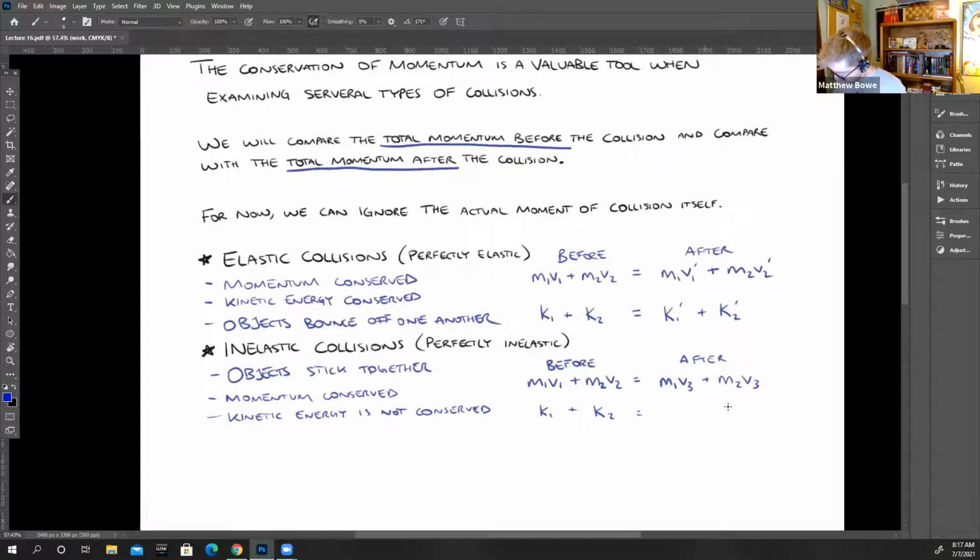So typically the question won't ask about kinetic energy for an inelastic collision. There is a specific equation for kinetic energy for inelastic collisions. It's in your book. I don't think I'll be getting to that. It's a bit too detailed for right now.